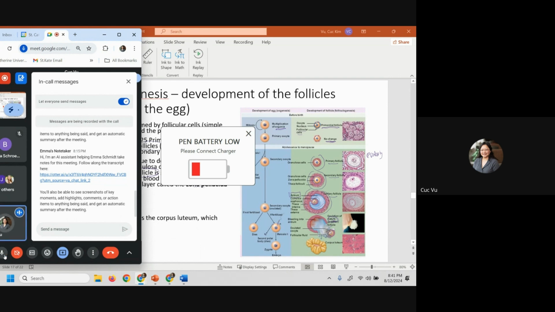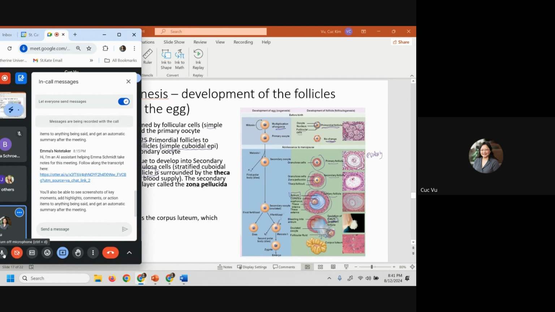Can one of you go through the changes? So first we start with the primordial follicle, right? And then we go into the primary follicle, which is lined with simple cuboidal. And then the secondary with stratified cuboidal. And then the third with stratified cuboidal and the antrum.